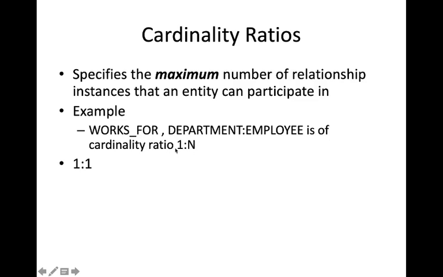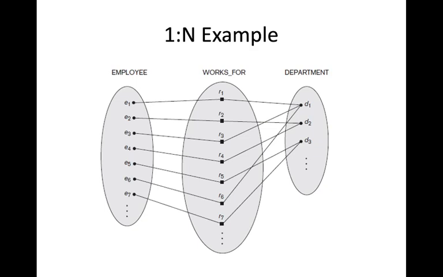This is 1 is to n cardinality ratio. There can be other cardinality ratios like 1 is to 1, and we will see an example for that also. Then m is to n, that is, it can be any number on both sides. We'll see examples for all these types. This is an example for 1 is to n, works for.